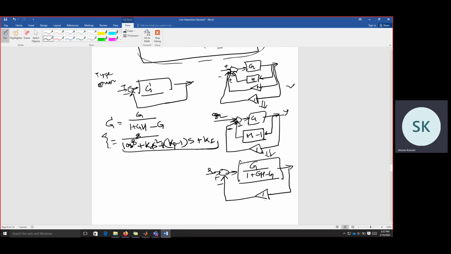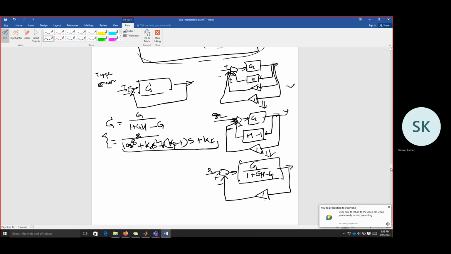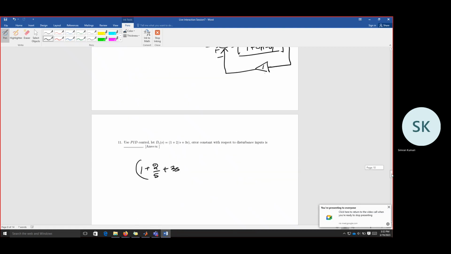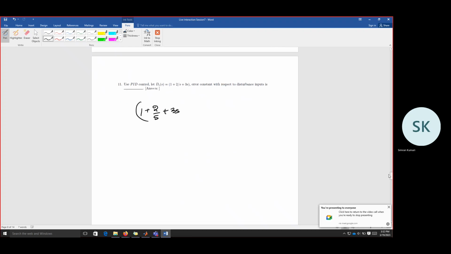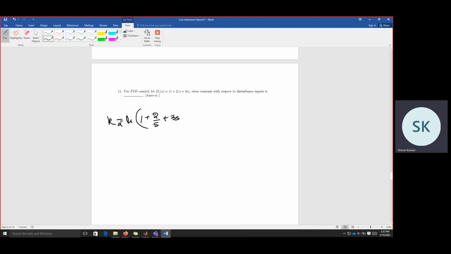So we have this forward path gain. Okay, so this is the limit s tends to 0.